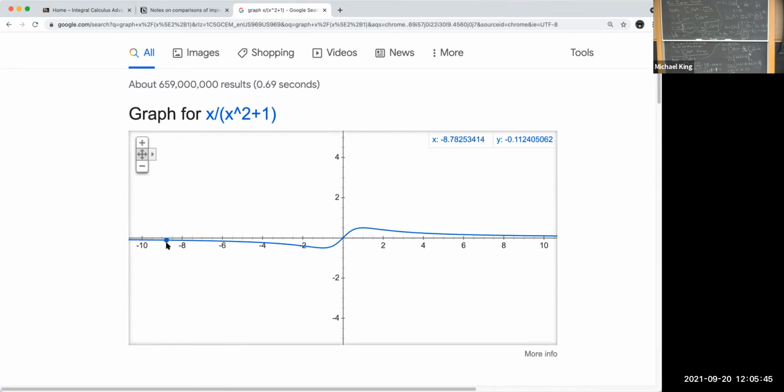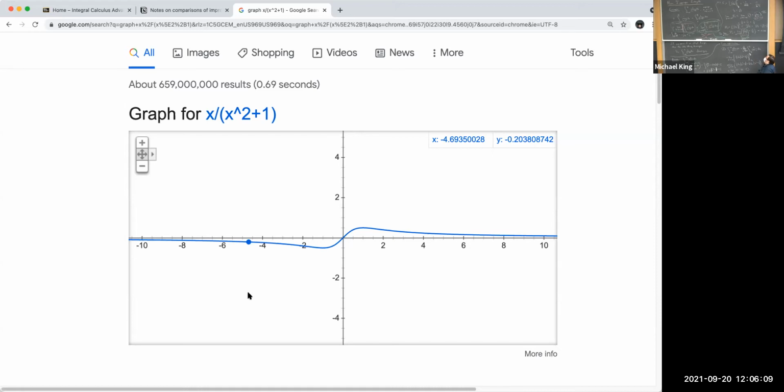Do you believe the area is 0? There's some positive area here and some negative area here, and they cancel out. Maybe.